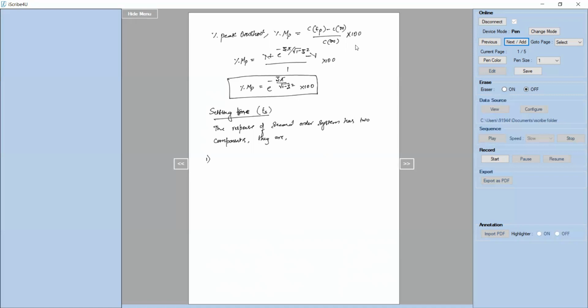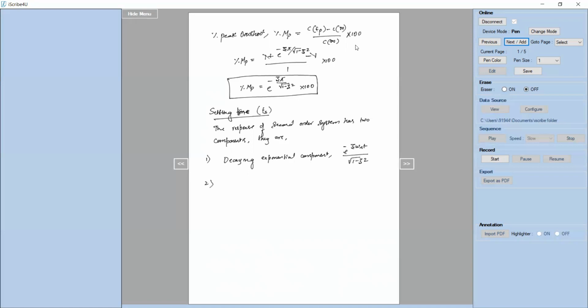One is the decaying exponential component, which is e power minus zeta omega n t divided by square root of 1 minus zeta square.